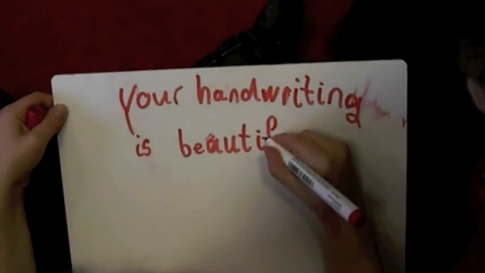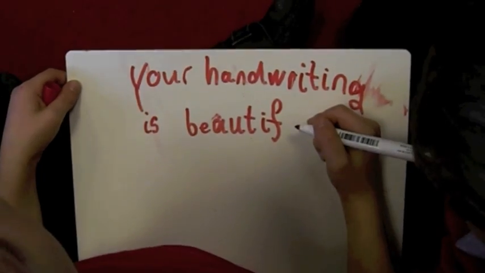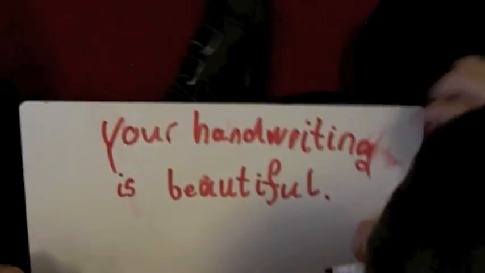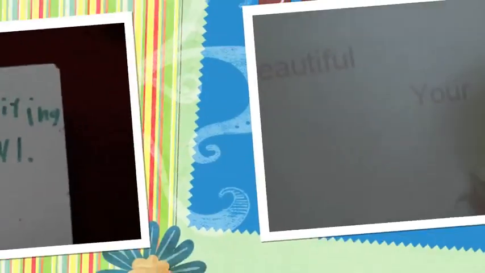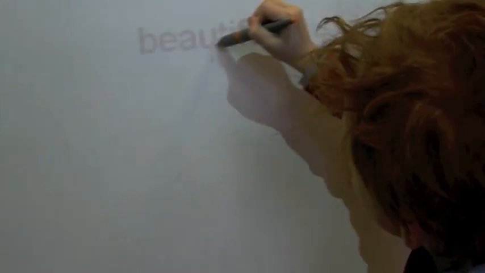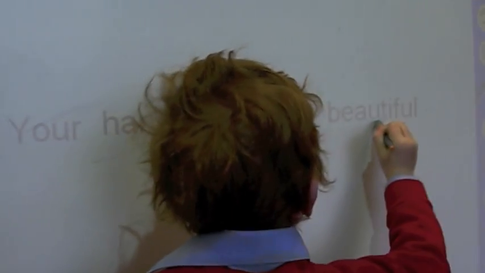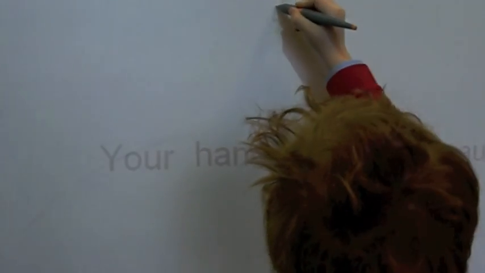This also gives you a good indicator of their letter formation, their sentence structure, any letter reversals, and also gives you a clear indicator of their understanding and their comprehension of the text.